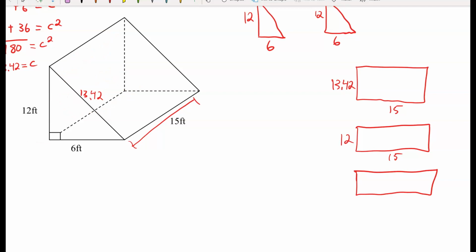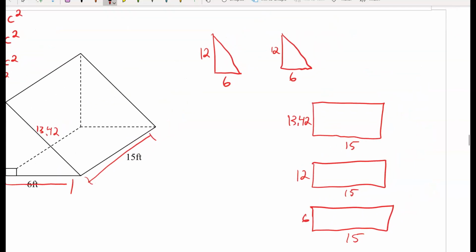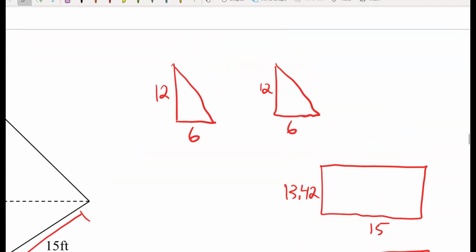Then we want to do our bottom, which is still a width of 15, and then we have the length of 6. So notice how the 15 was consistent all the way through, and then your width was based off of which side you're measuring. So now we have all of our diagrams set up. We just have to calculate for them and add it all together.